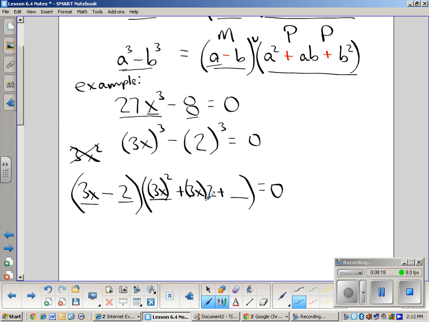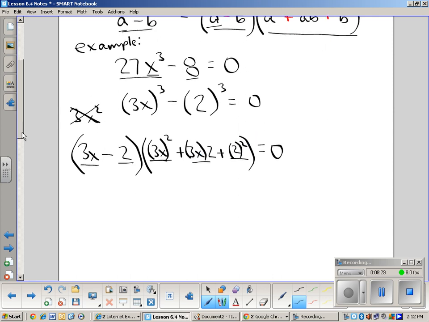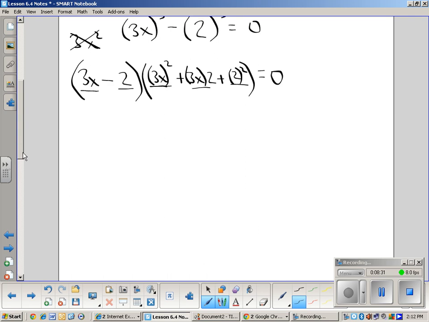What goes in the last one? 2 squared. Okay? Now some of you might say, do I have to write that and show that step? No, you don't have to. But my experience is the more steps you leave out, the higher the risk of mistakes you'll have.